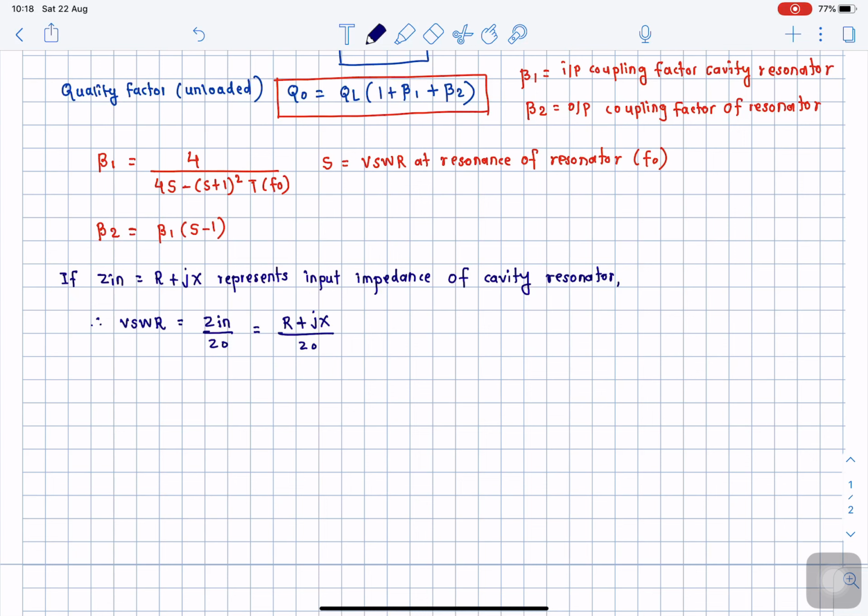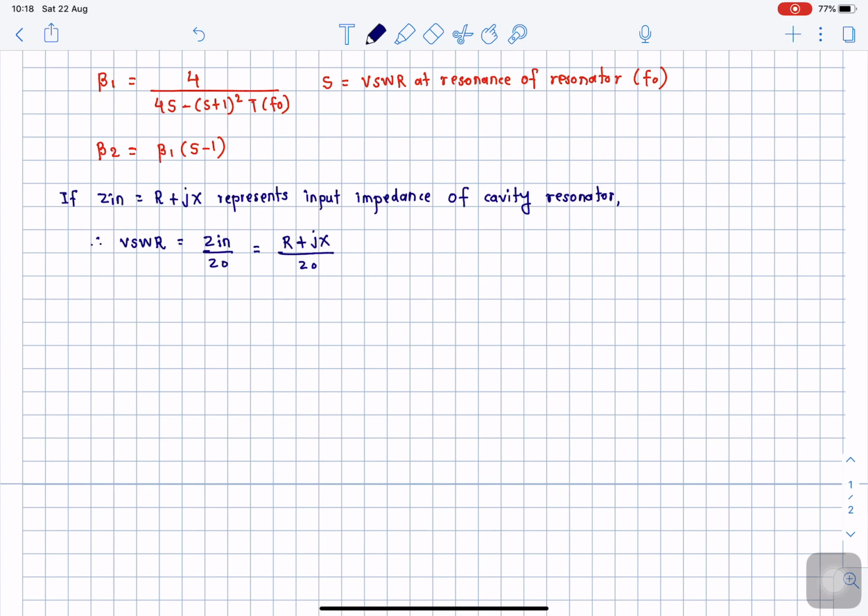Okay. Now what will happen at the resonance? At resonance, what will happen? At the resonance means if the operating frequency matches with the natural resonating frequency of the resonator, at that time the reactive effect will get cancelled out and the circuit will become purely resistive.